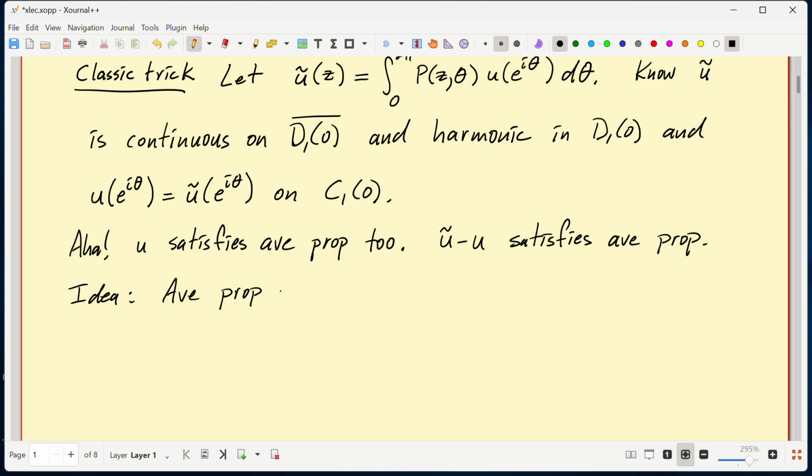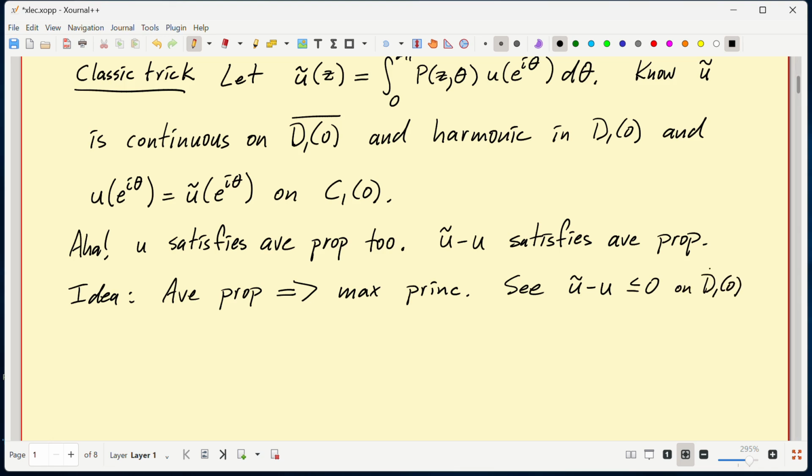So the idea is that the averaging property implies the maximum principle. And hopefully you'll see that since u twiddle minus u is 0 on the boundary, it'll be less than or equal to 0 inside.